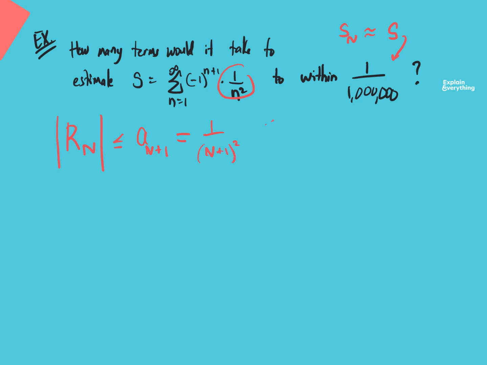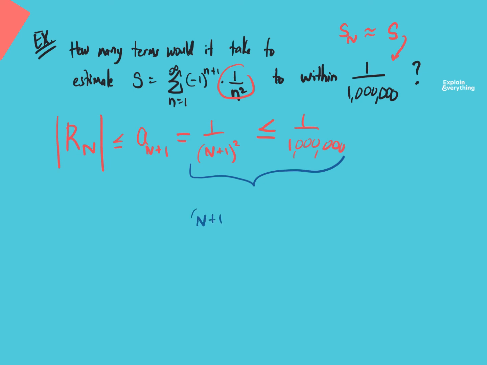And we know that this needs to be within 1/1,000,000th. So when we solve this inequality for n, the n value that makes this inequality true is the n value such that the partial sum has an error that's less than or equal to 1/1,000,000th. Here we go.